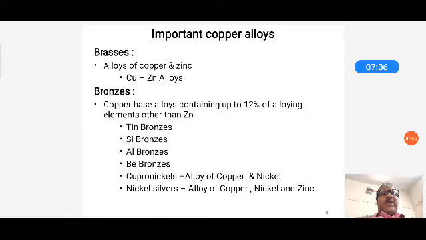Copper alloyed with tin is known as tin bronzes. Copper is also alloyed to make silicon bronzes, aluminum bronzes, beryllium bronzes, and the copper nickels, the alloys of copper and nickel. There are also nickel silvers, alloys of copper, nickel and zinc. This is the broad classification of copper alloy systems.